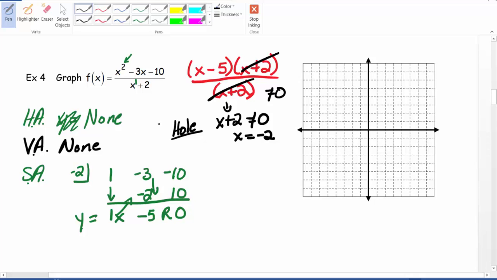Looking now for our x-intercepts, we just take our simplified version of the function. We take that simplified version, and if we're trying to cross this x-axis, finding those x-intercepts, we just have to set our f of x equal to 0.